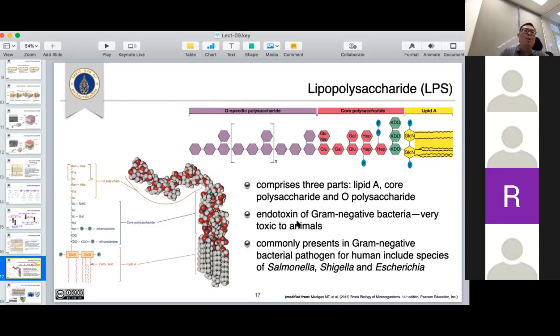When gram-negative bacteria that have lipid A go inside the body and the immune response destroys the cells, cell lysis reveals the lipid A outside of the cell compartment, and then the human host will get the effect from the toxin. This is one of the important gram-negative toxins.